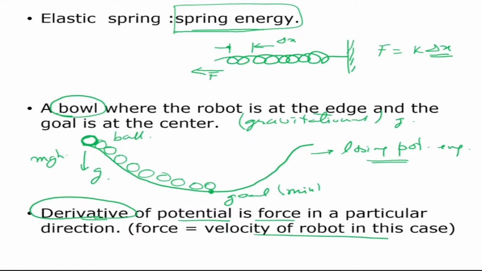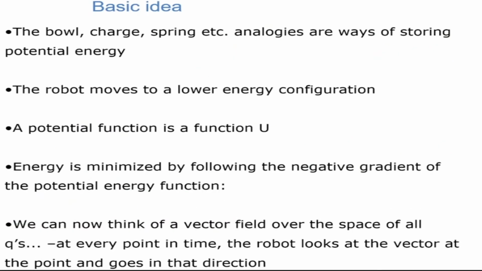So the force is pulling the robot towards the goal, and the obstacle is repelling the robot away from the obstacle. And this can be taken as the velocity of the robot in this particular case. As we go along, it will become clearer.